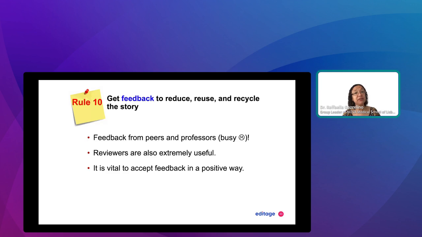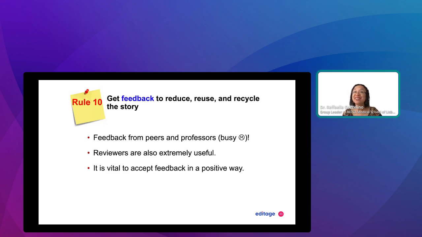So get then the feedback on how to reduce, reuse, and recycle your story, because it's very important that you get the feedback of people that sometimes do not even work in your field of expertise. And this is because if they can understand it, then also other people might understand.